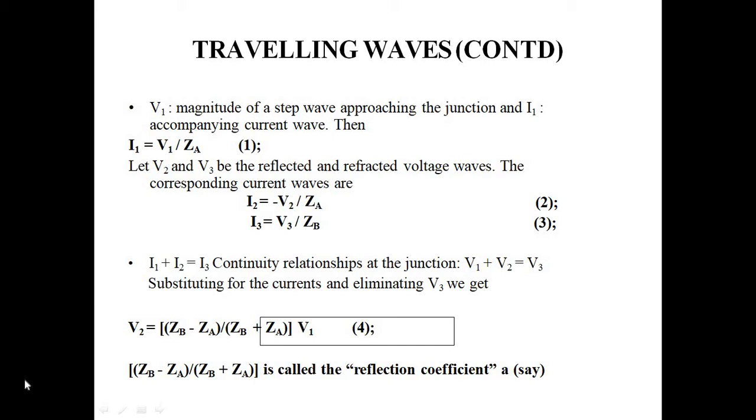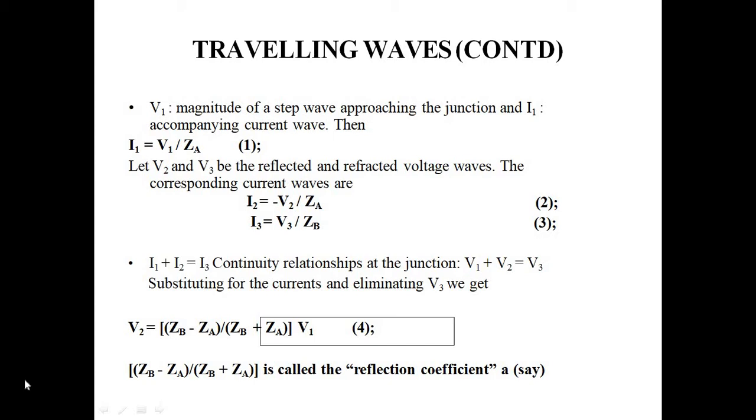Equation 1. Let V2 and V3 be the reflected and refracted waves. The corresponding current waves are I2 is equal to minus V2 divided by ZA, and I3 is equal to V3 divided by ZB. Here I1 plus I2 is equal to I3. Continuity relationship at the junction: V1 plus V2 is equal to V3.